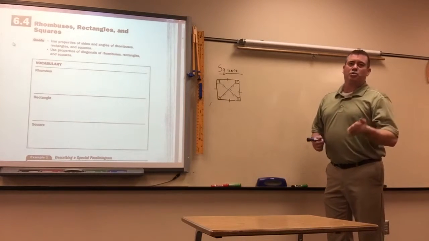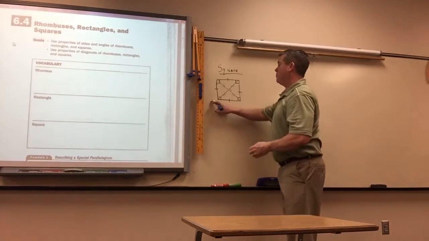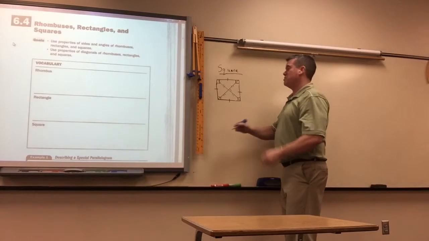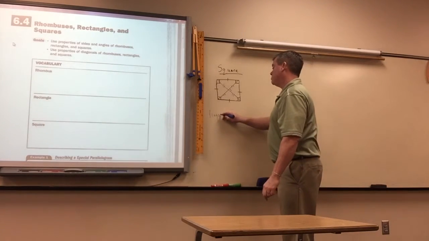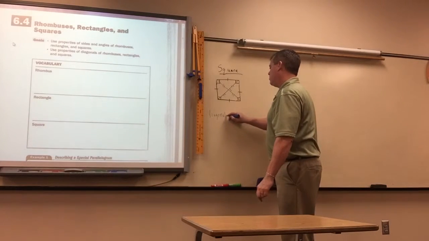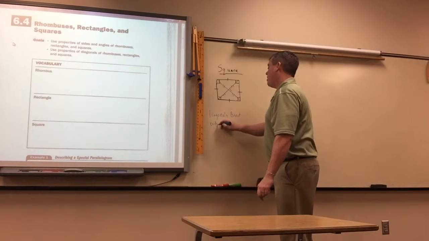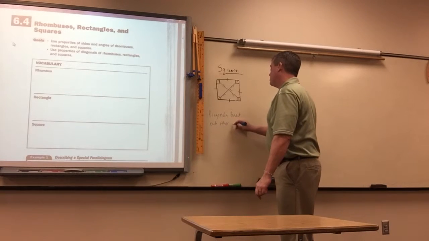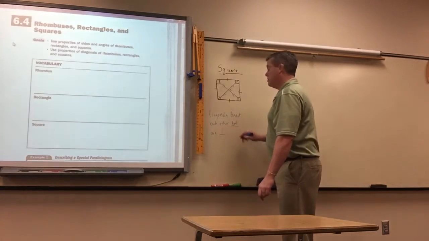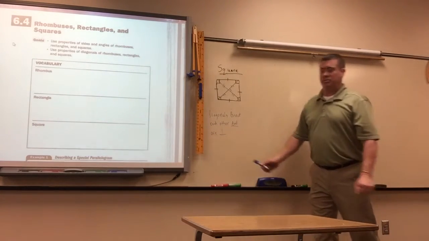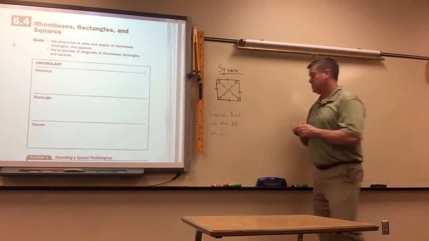So, in a square, the added thing that people don't really realize is on top of the diagonals bisecting each other, they are perpendicular. So that's the one thing you gotta remember that people don't really deal with much.